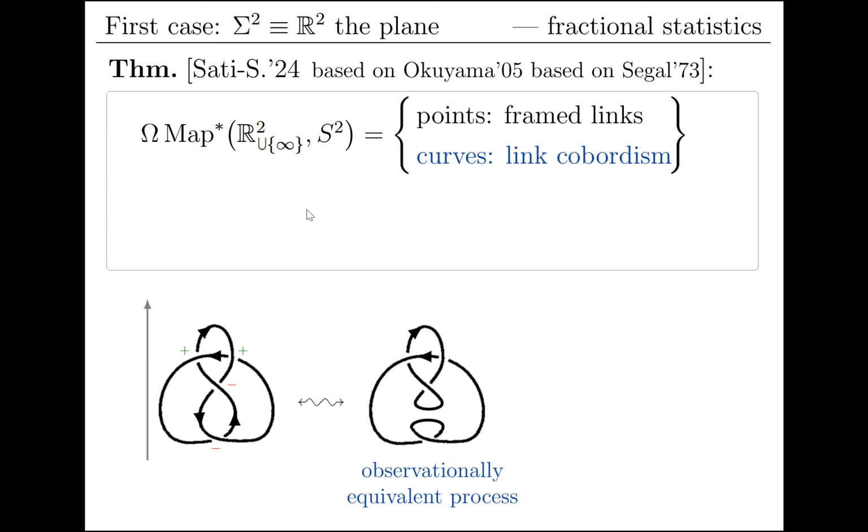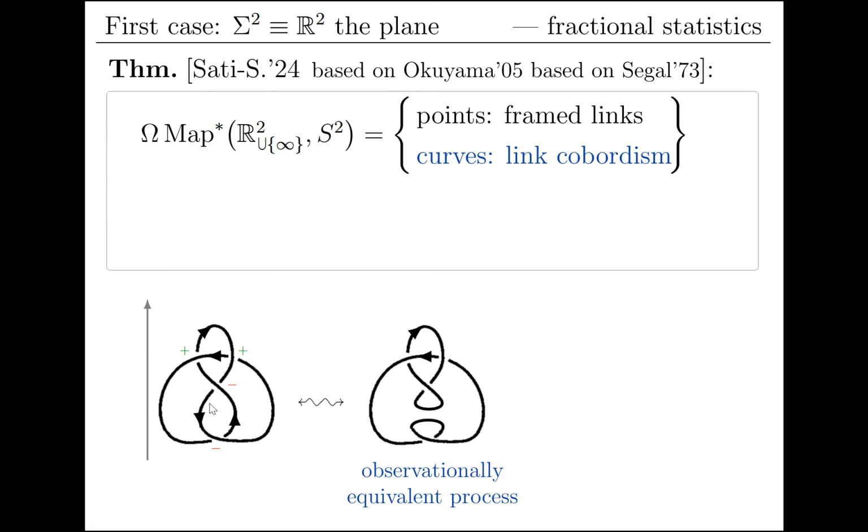So they involve the usual local isotopy and Reidemeister moves, but also link cobordism. So the topology that is encoded by this space knows that as we deform these vacuum to vacuum processes in such a way, the observables on them actually remain the same. These yield observationally equivalent processes.